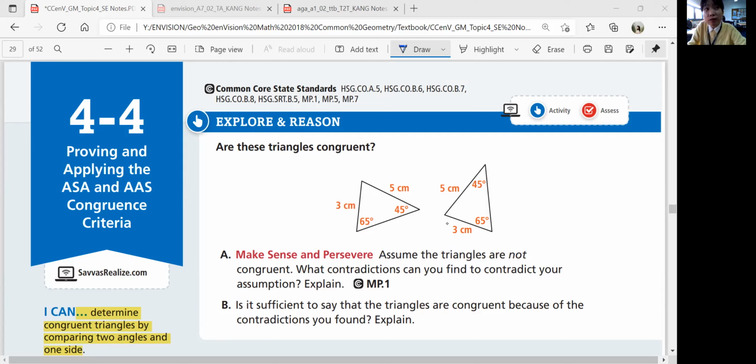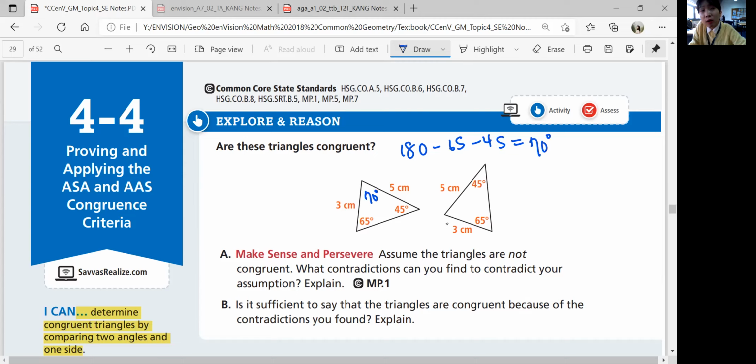Okay, let's first find the missing angle. What is the missing angle? Well, you have to subtract 65 and 45 from 180. And 65 and 45 together is 110. So the angle that's left over is 70.